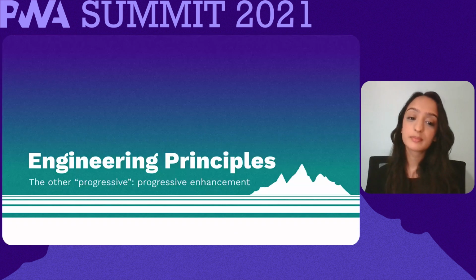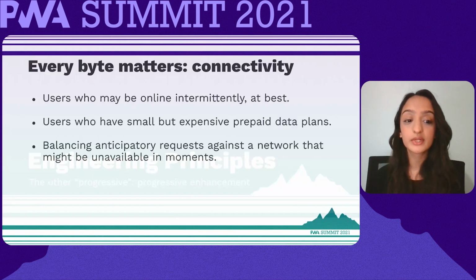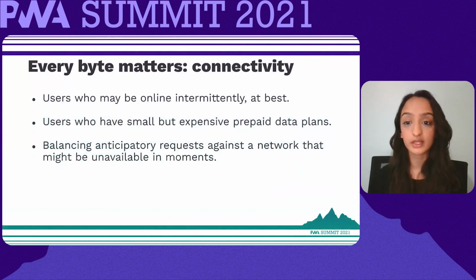The main engineering principle that we are implementing in the app is progressive enhancement. What we mean by progressive enhancement is ensuring that our design is functional to everyone, no matter what device they carry, nor what network they have. The idea of every byte matters means that when a user has a network connection, we are putting every single byte to use to power up and load our content in the background.